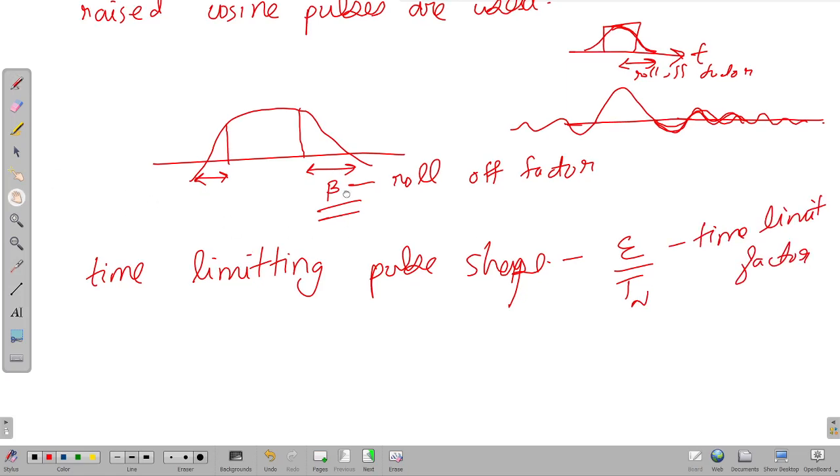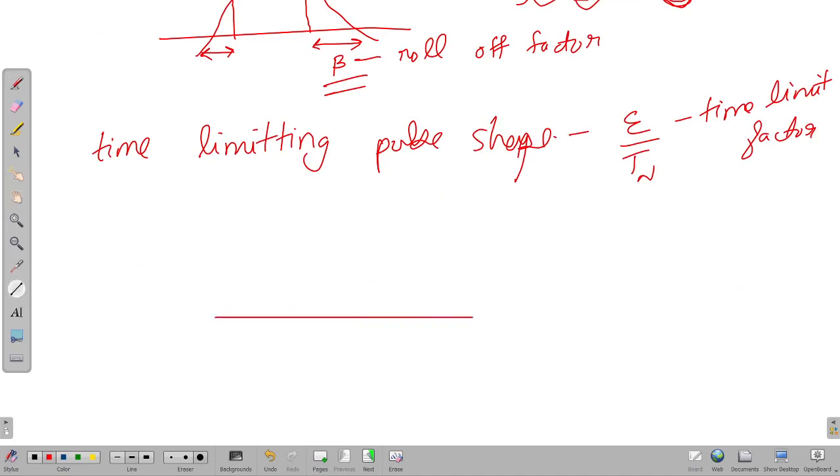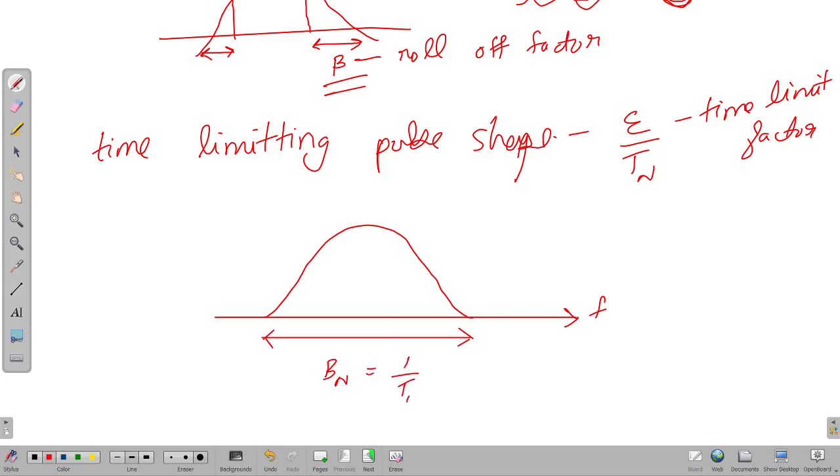So if I draw the pulse in frequency, this is one subcarrier. What is the bandwidth of one subcarrier? In practical implementation, the bandwidth of one subcarrier Bn is going to be 1 by Tn, which is the original bandwidth of the signal.